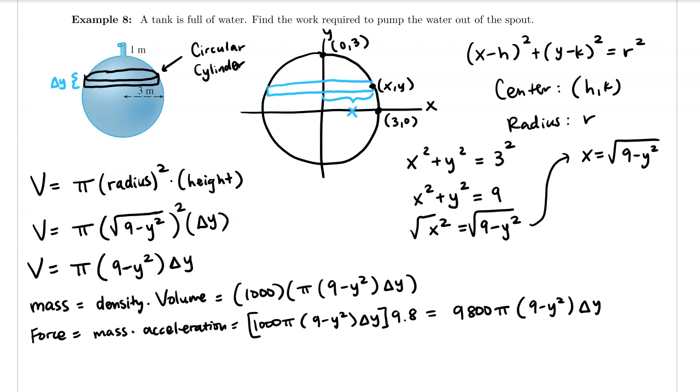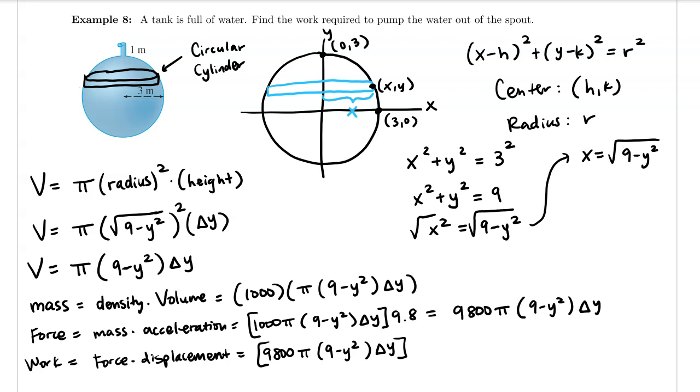All right, so I went ahead and I did some simplification. At this point, we can say that work is equal to the force times the displacement. So the force, I just am going to copy that down from where we just had that. And then the displacement, let's think about what that is. So I have my slice of water here, and I know that the distance from here to here is y.